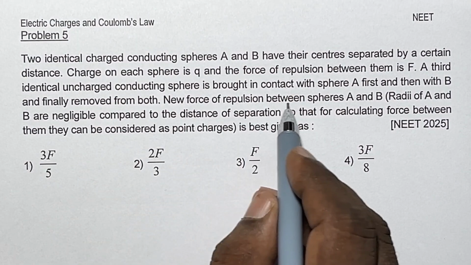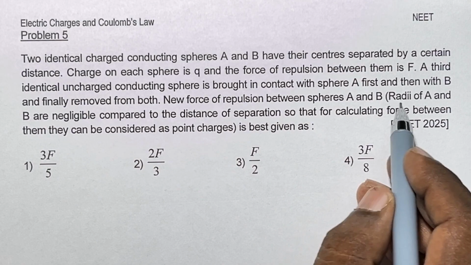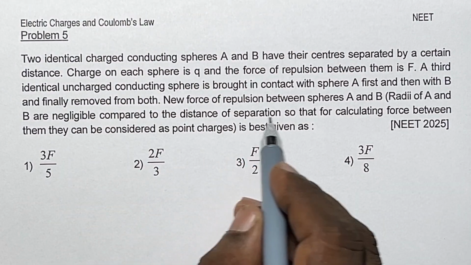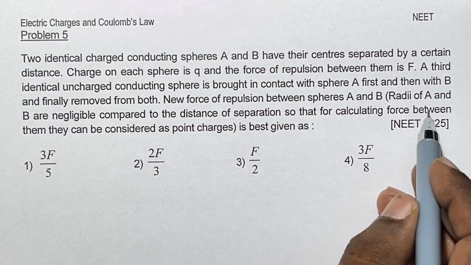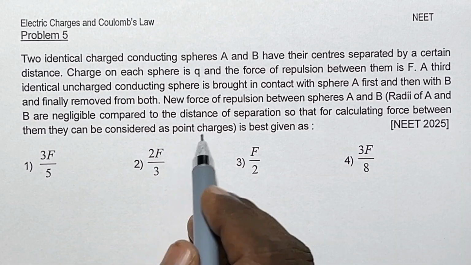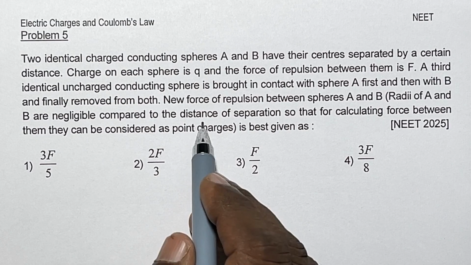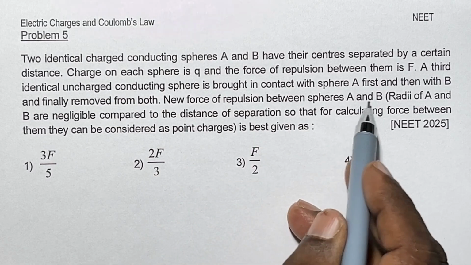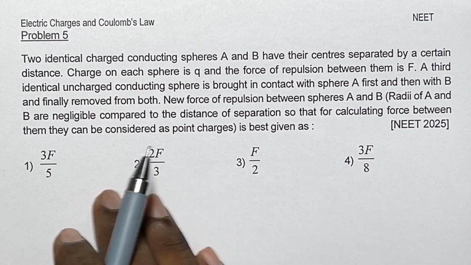The radii of A and B are negligible compared to the distance of separation, so that for calculating force between them, they can be considered as point charges. So we have to consider these spheres as point charges. So the new force of repulsion between the spheres A and B is best given as?